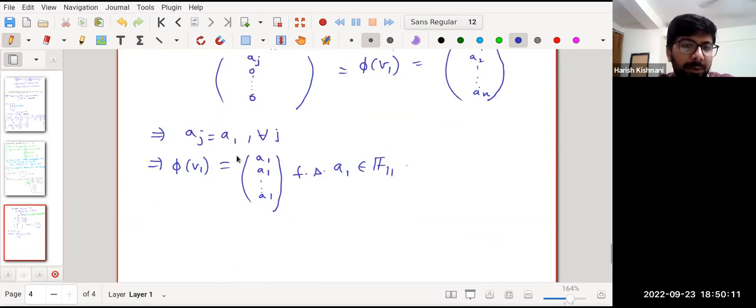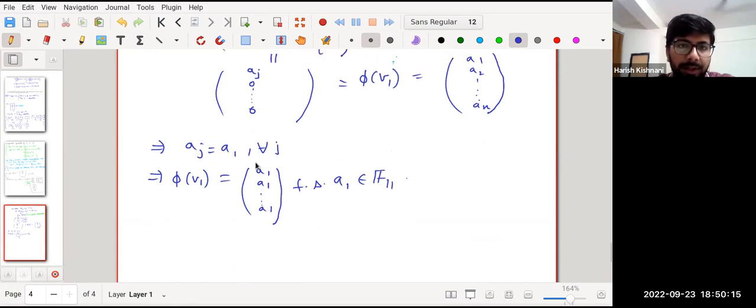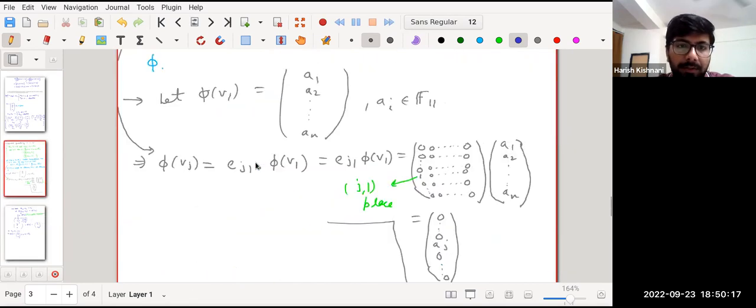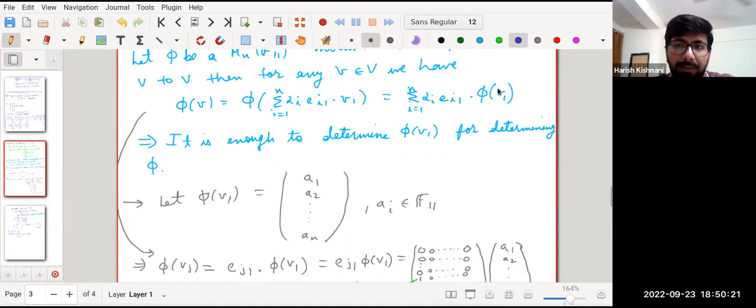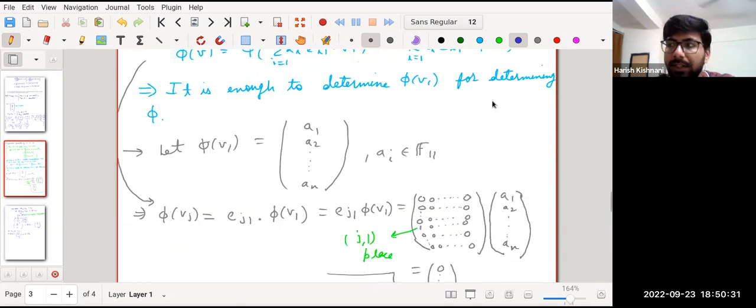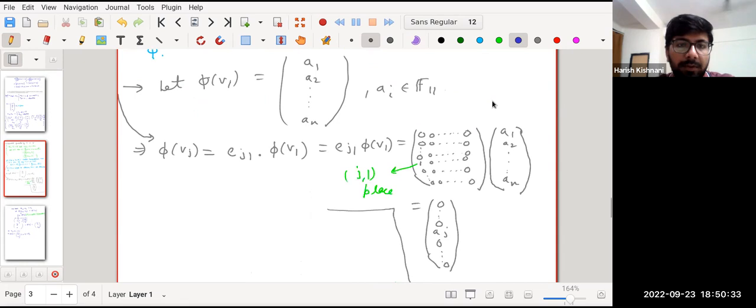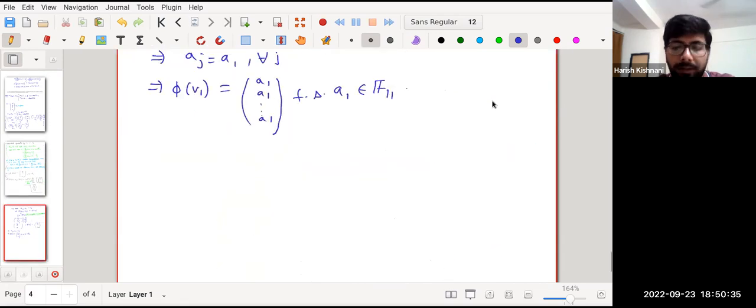If you take a1 to be 0, then it's just the zero morphism, because phi of v is just a scalar multiple of phi of v1, and multiplying with a 0 matrix you will again get a 0 matrix. So for a1 equal to 0 it is a trivial module homomorphism, but for all other values of a1 you will also get a module homomorphism.